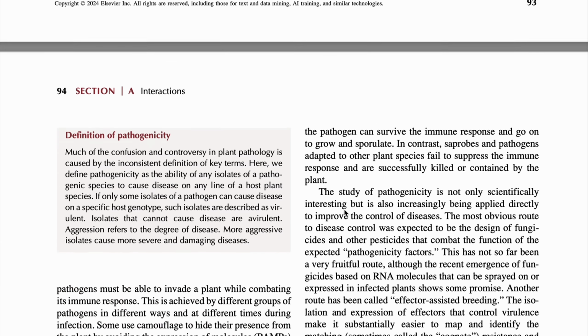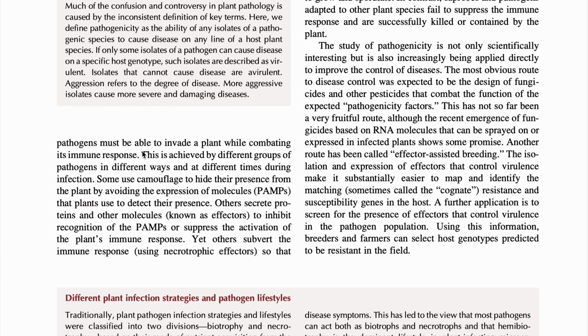Now, a common theme has emerged. A successful plant pathogen must be able to invade a plant while combating its immune response. See, when any attacker or some external foreign particle or person is trying to harm us, what do we do? We have a defense mechanism, right? We try to fight them back. So that is the immune response.